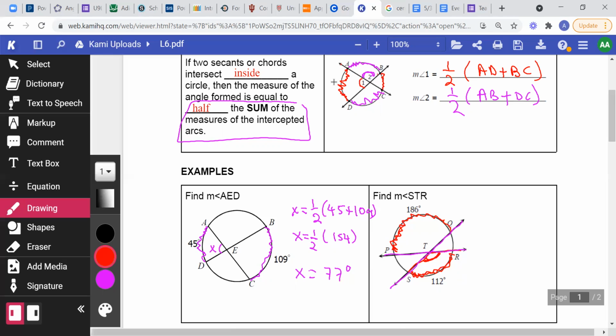So if we call it x again, x is equal to half of the arc in front, SR, which is 112, plus the arc behind, PQ, which has a value of 186. Then 112 plus 186 is 298. Take half of it, and it's definitely 149.